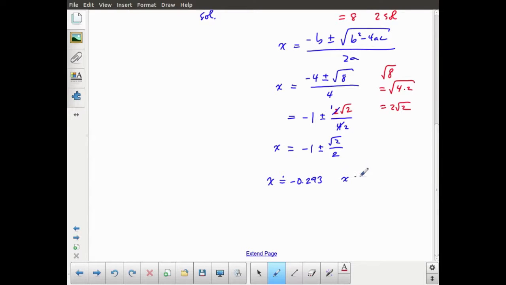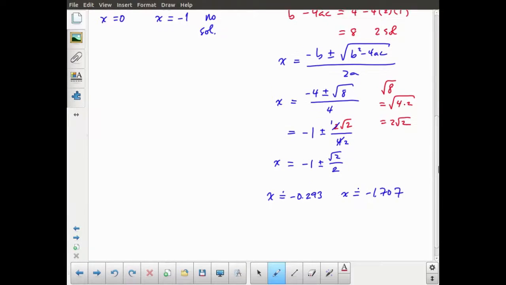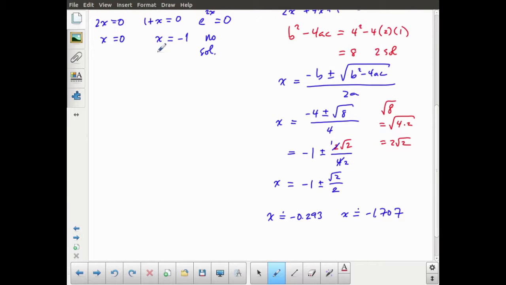And x is approximately equal to -1 minus 0.707, which is -1.707. And that's going to be a little bit easier for when I do my interval table next. So I've got 4 values here where interesting things happen. These values in particular I'm going to be looking for to be my local extrema. These values I'm going to be looking for to be points of inflection.